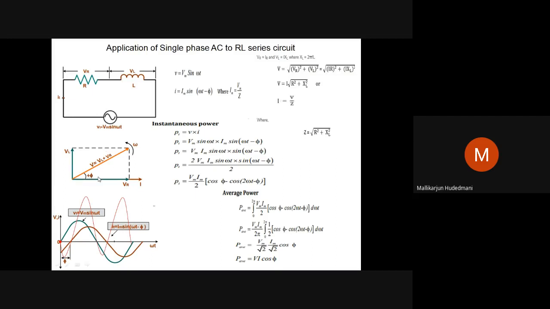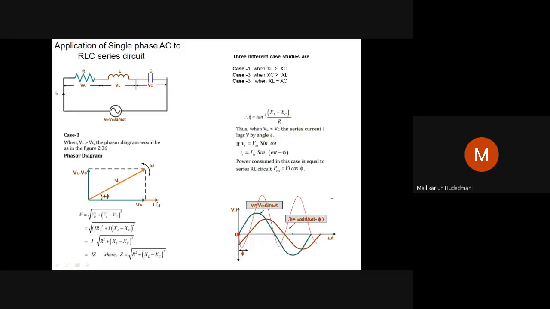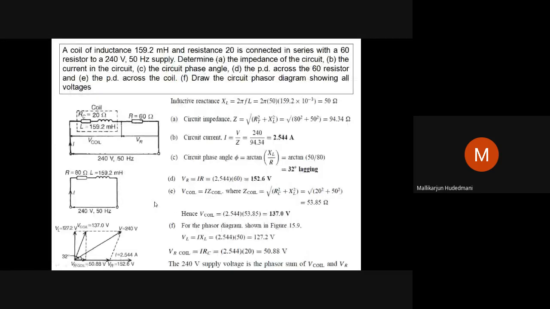Then how to get this angle? I can take tan inverse of XL by R, or R by Z equal to cos phi. From there I can get the angle. So you have multiple ways in fact. At least tan and cos functions are much more practiced. So let's come back to the problem. So I was here, correct?